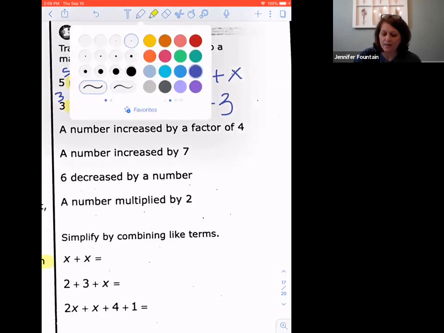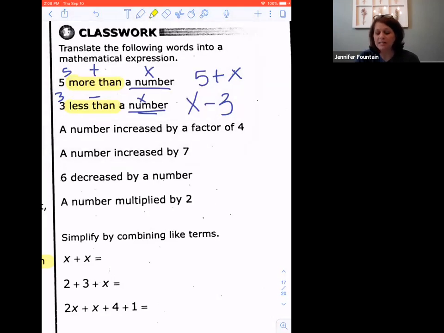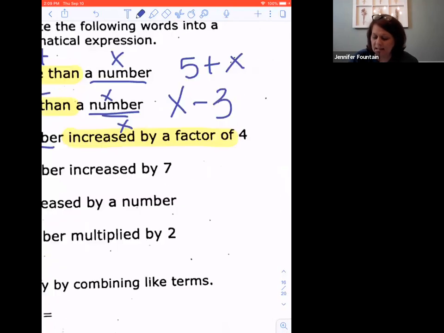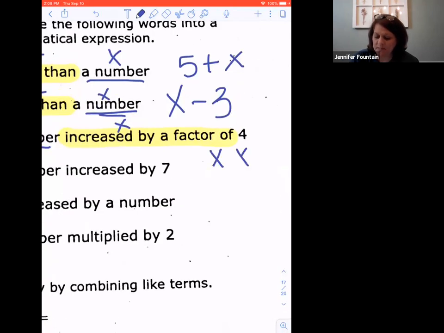I have a number increased by a factor of 4. All right, this is where it gets a little tricky using an X for a times sign and an X for a variable, because if I said this was X times a factor of 4, then I've got X times 4.